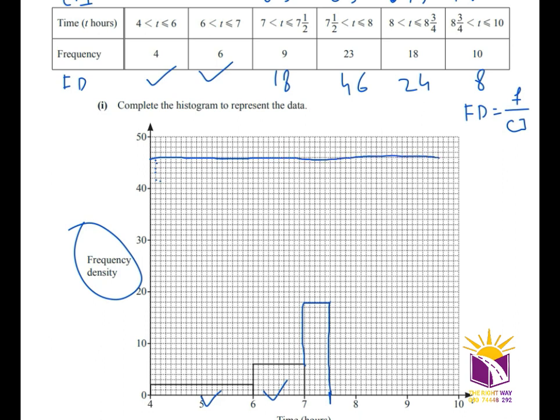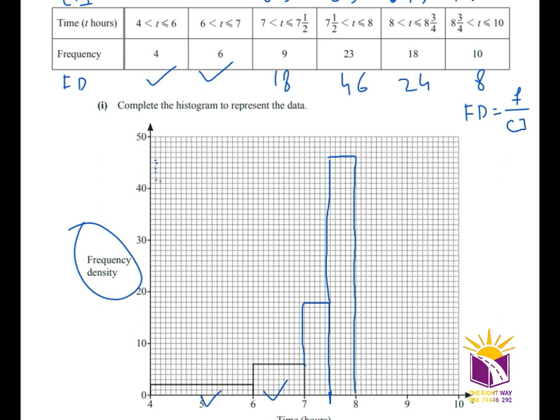46, and the graph is till 8. So it will be like this one. And the next one is 24.